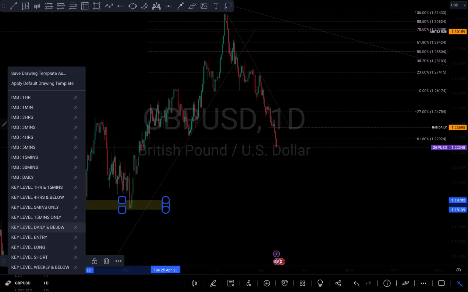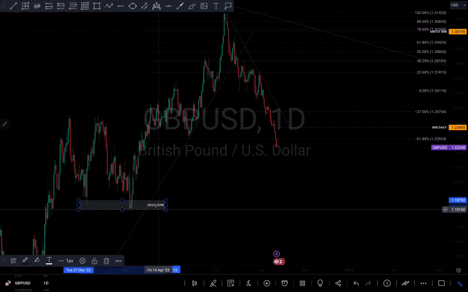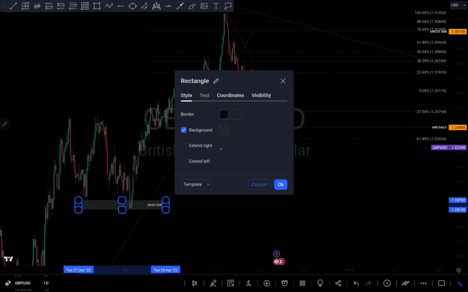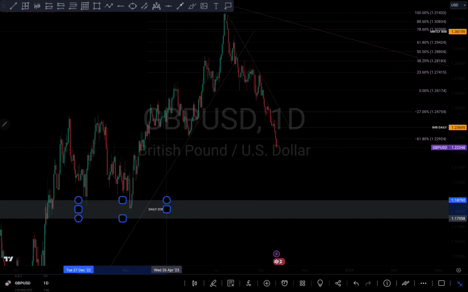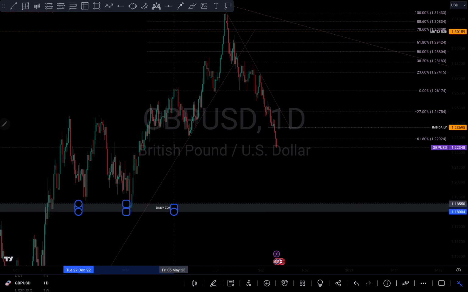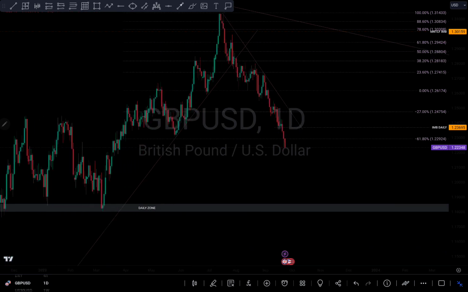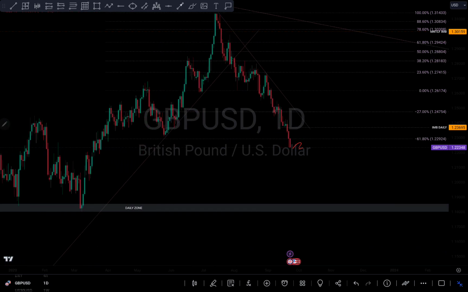And my reason for that is, let me make it longer. Okay, so we can see around this area will be my next target, because there was that break of structure and it hasn't retested that yet. So if it continues to push to the downside, that is a possibility that I'm seeing.